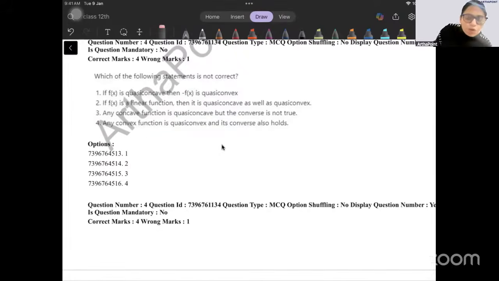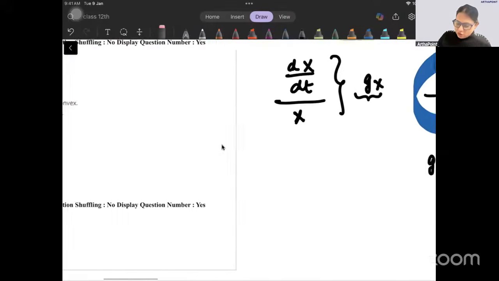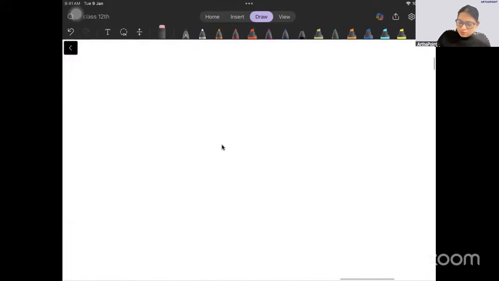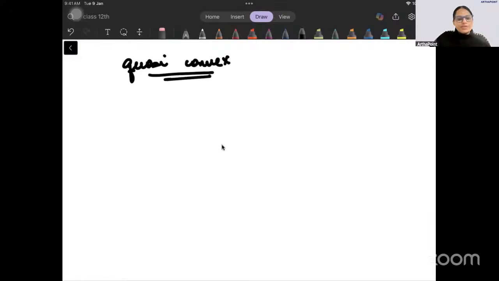Okay, yes, all of you who are saying 4, that is the correct answer to this question. So, what is the formal definition of a quasi-convex function?